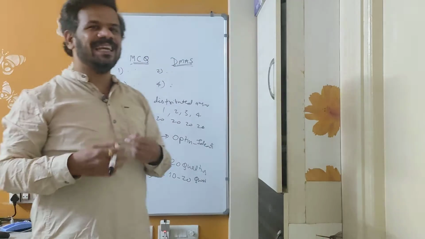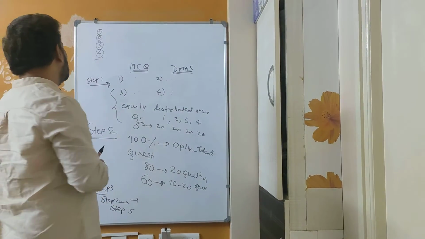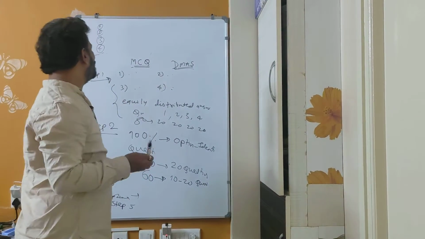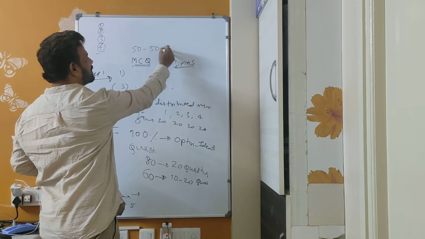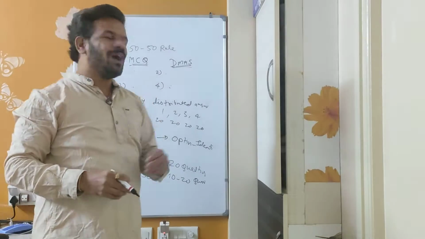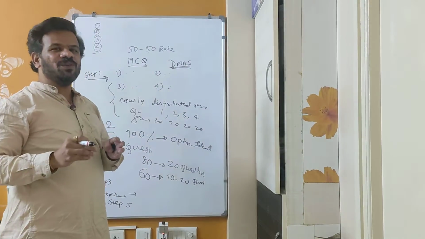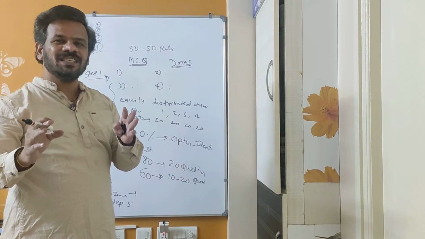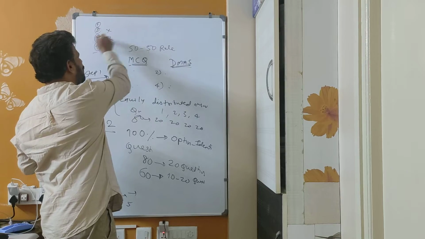What is that next you can do to choose the correct answer? You should use the 50-50 rule. What do I mean by 50-50 rule? Out of 4 options available, you should find out which 2 options you don't think are there, and delete those 2 options.